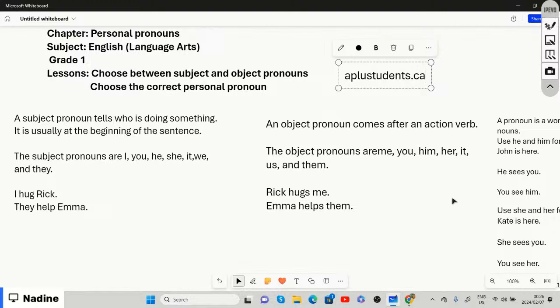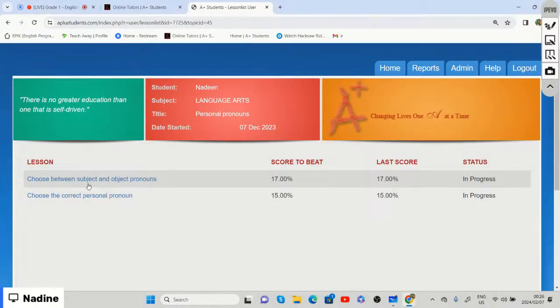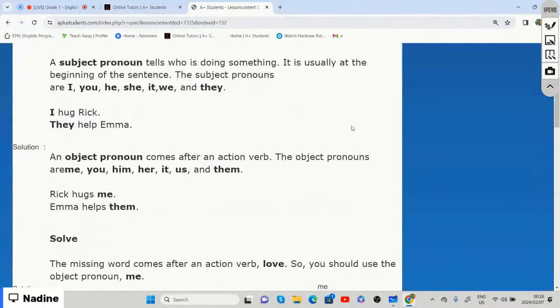All right, so now let's go to A Plus Students.ca, and we're going to choose between subject and object pronouns. The subject pronoun, we said, tells us who is doing something, and it usually is at the beginning of a sentence.